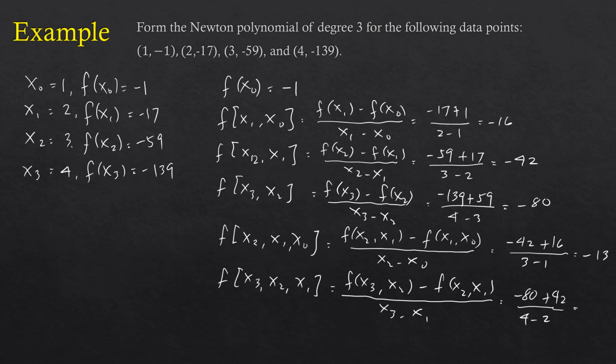So that is negative 38 over 2, negative 19.